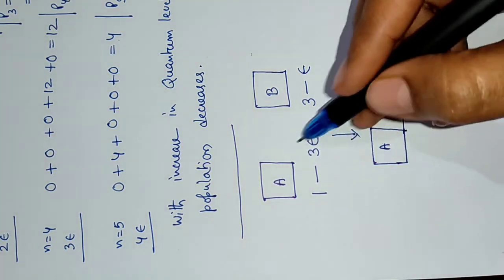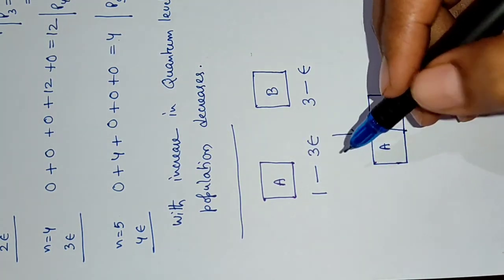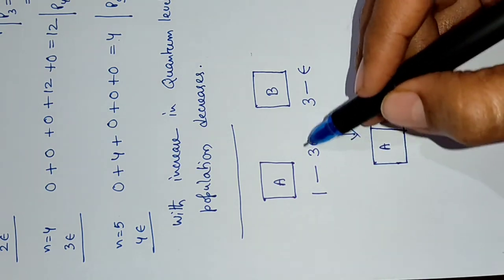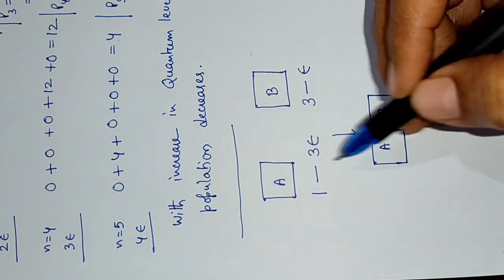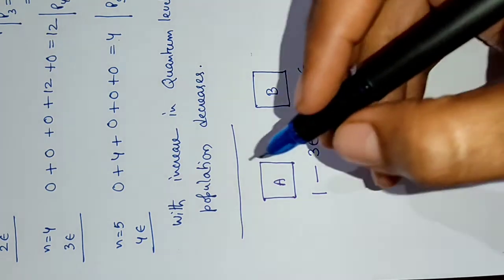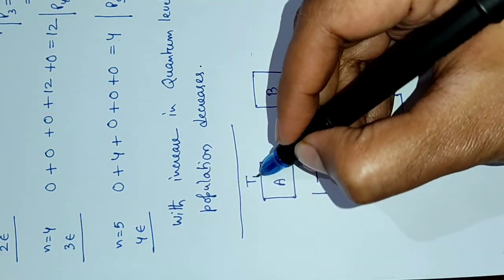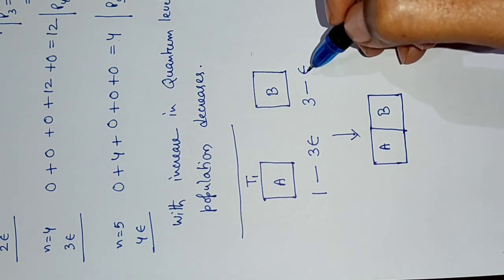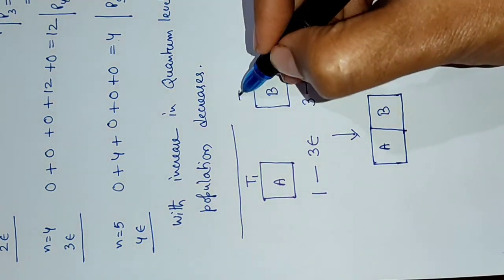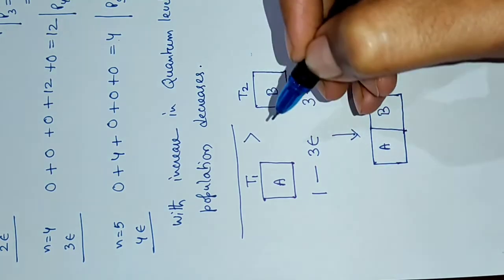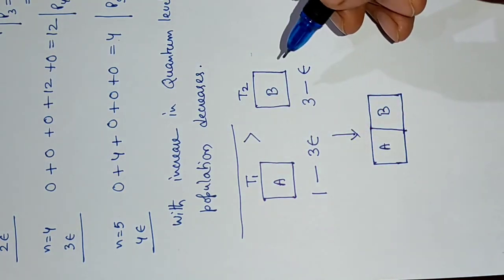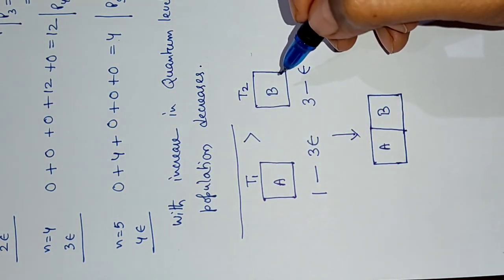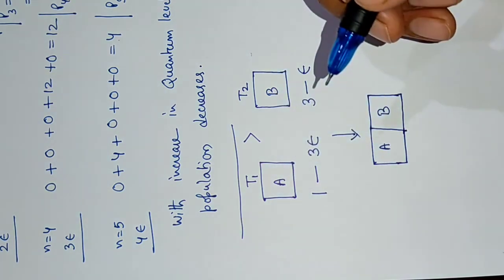You can judge that one particle is having such energy, it means that it is at a higher temperature. And 3 particles are having lower energy, so it is having a lower temperature. So system A is carrying greater temperature than system B. It is a hot body, and this is a cold body.